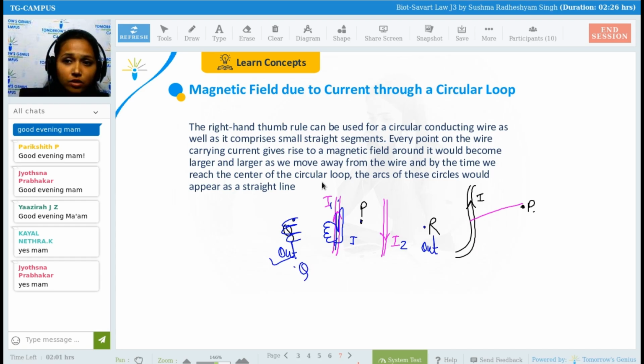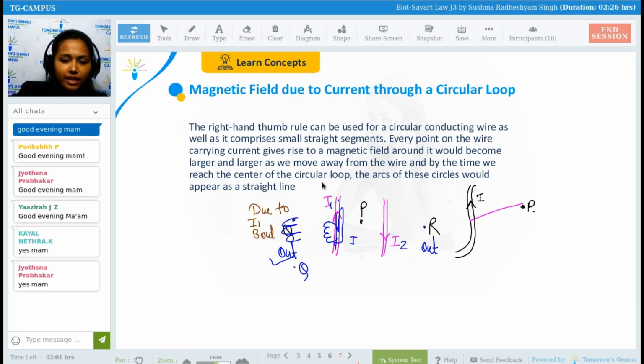So if I say due to I1, the magnetic field is out. Fine. Okay, just give me 1 minute. No problem. So here we write due to I1, magnetic field out. Now put your finger here.